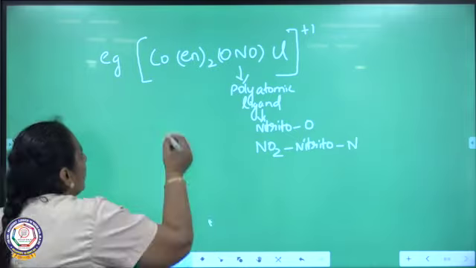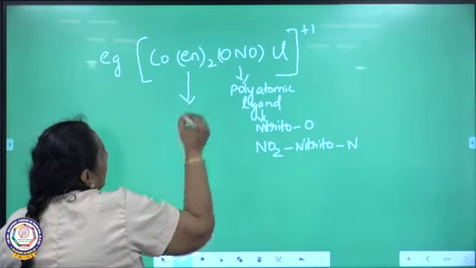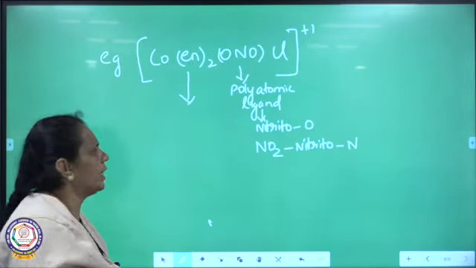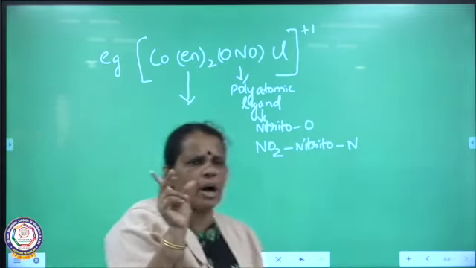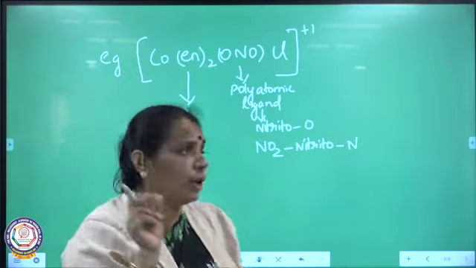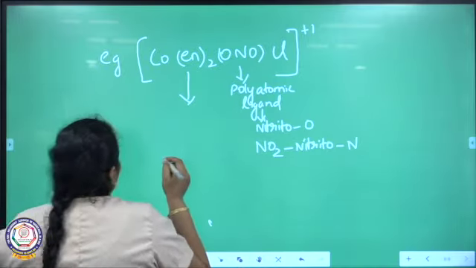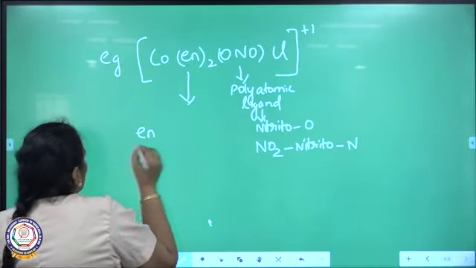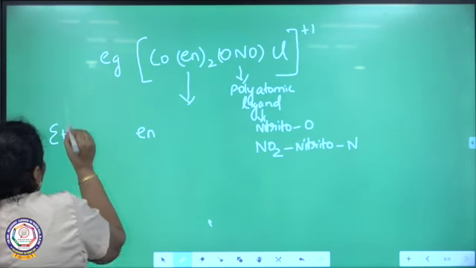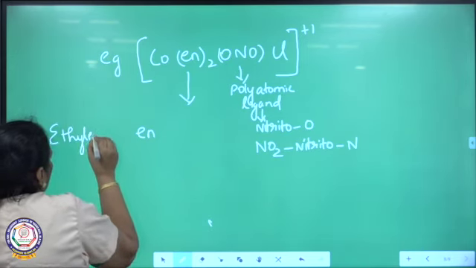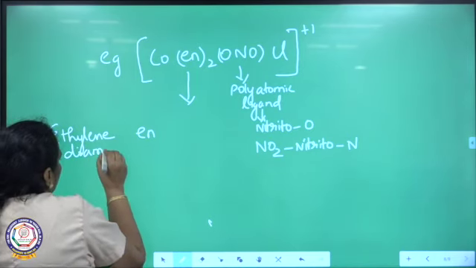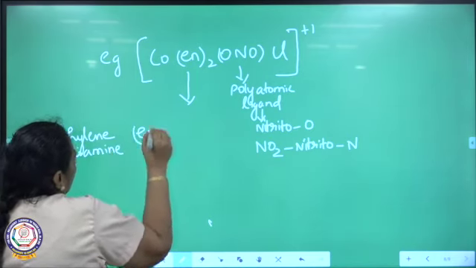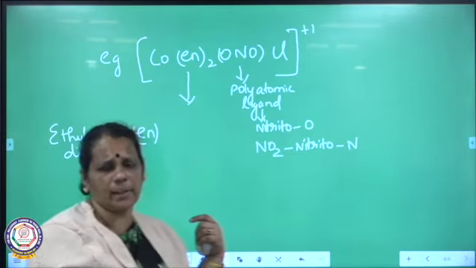The next one we can see is ethylenediamine. Already I told you about ethylenediamine. Instead of writing the full form of ethylenediamine, we are going to use the abbreviation, en. So for ethylenediamine we use the abbreviation en, and this en should be included in parenthesis. This is again another rule.